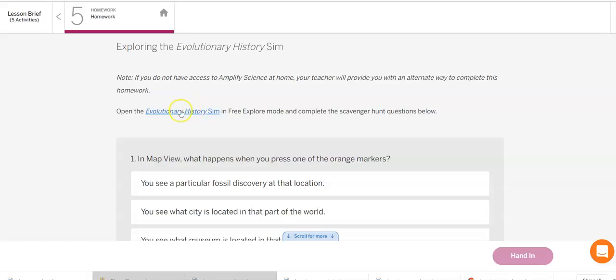All right, for the simulation on both this page and the previous page, you just click on the link and it takes you there. So again, after this video, you will go into Google Classroom again. You will click on your next assignment, which will have a link to Amplify. You'll go through Amplify and do your annotations.